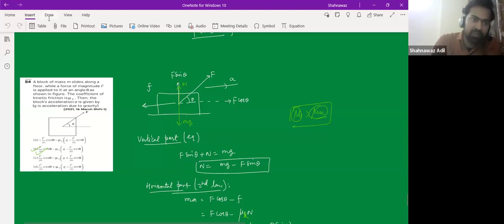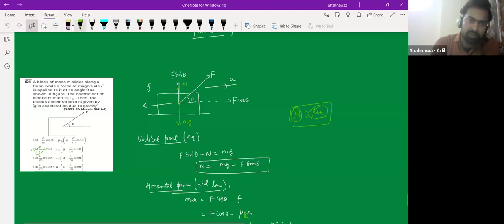One is due to this one, that is in this direction. And the other one is applied by this thing, and that is in this direction. But this force is applied by the body.